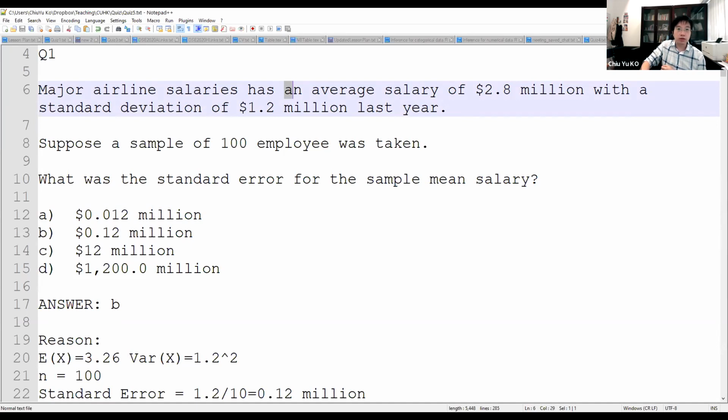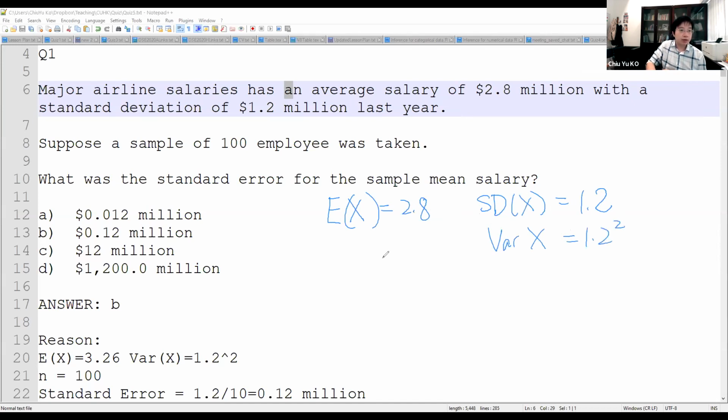What is said is the expected value of x is 2.8, and the SD is 1.2. So the variance of x is 1.2 squared.